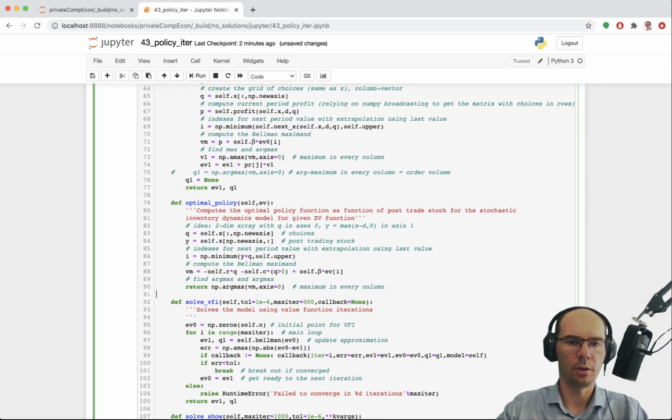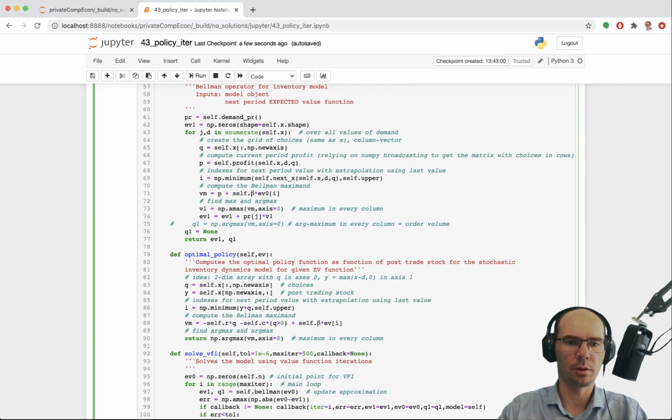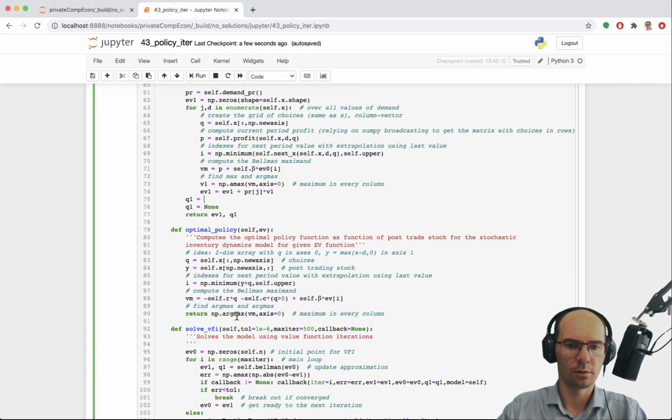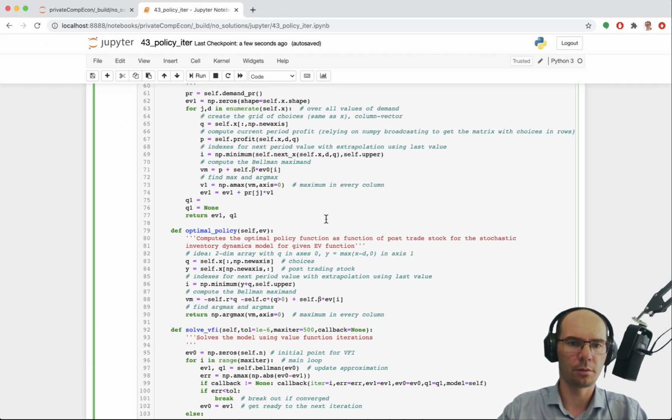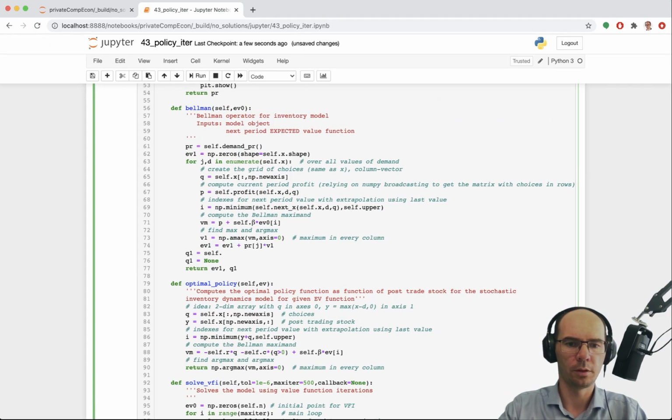This is going to be here, and now we can call it from the Bellman operator. Self optimal policy of EV1.